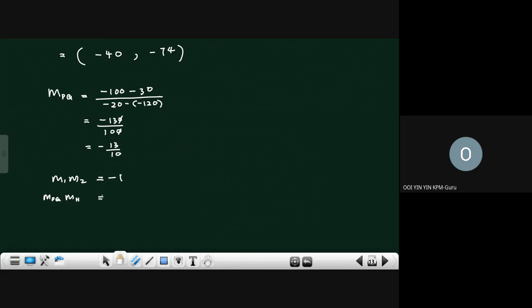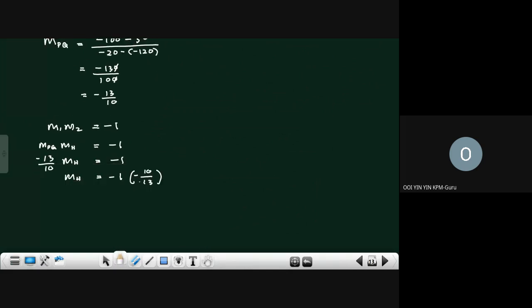And these two multiplied, because they are perpendicular, must be negative 1. So put in your MPQ, negative 13 over 10, then multiply with your MH will give you negative 1. So that means your gradient of H will be, this one moves to this side, it becomes negative 1 and then multiply with negative 10 over 13, right? Then negative negative will give you positive, so your answer is 10 over 13. Okay, so this is the gradient for your H.